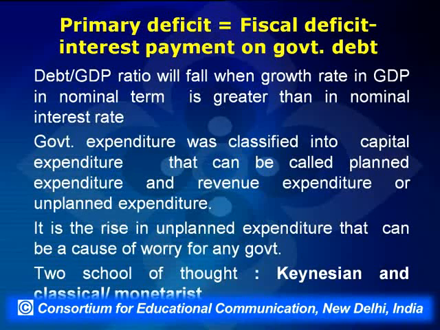Planned expenditure or capital expenditure of the government is that expenditure which leads to increase in assets, and unplanned expenditure is the expenditure on the maintenance of the government, which includes interest payment, subsidies, salaries, and other expenses.